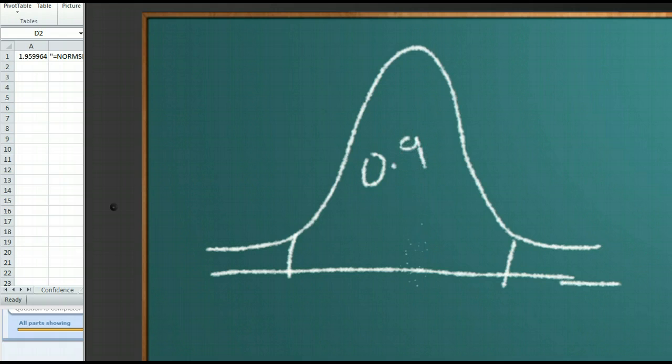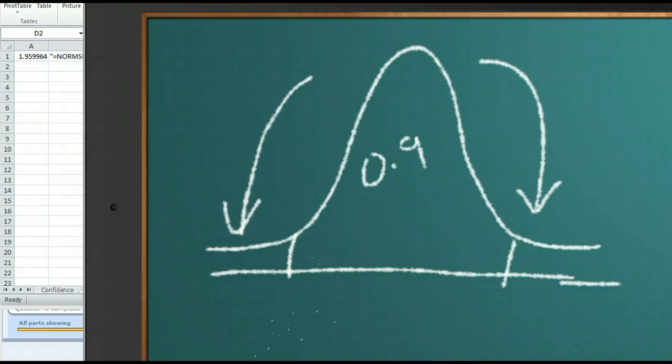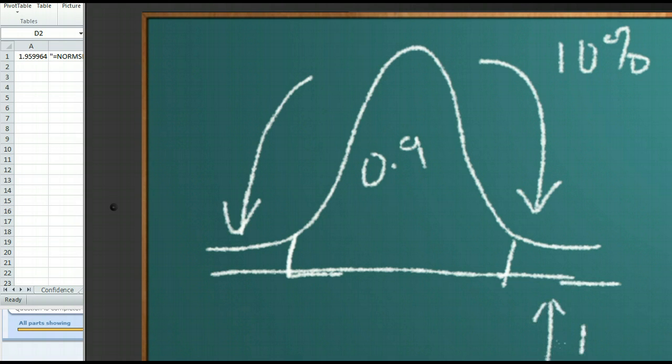So 90% of the data will be within the range shown. So the 90% is there, which means that in these two tails we are going to have 10%. If we have 90% inside this range here, then 10% is outside. So on each side is going to be half of 10. So we're going to have 5% here.